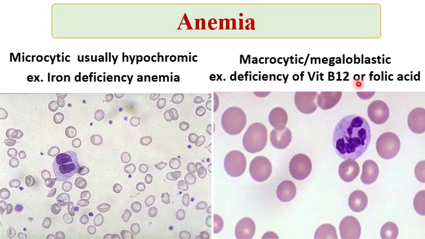This is called macrocytic hyperchromic anemia. Okay, so any deficiency in the important elements in formation of hemoglobin leads to anemia. In case of iron, it leads to microcytic hypochromic anemia. In case of vitamin B12 or folic acid, it leads to macrocytic hyperchromic anemia.